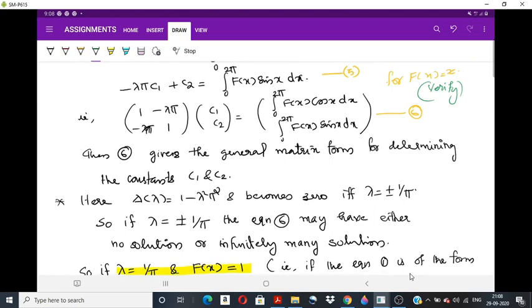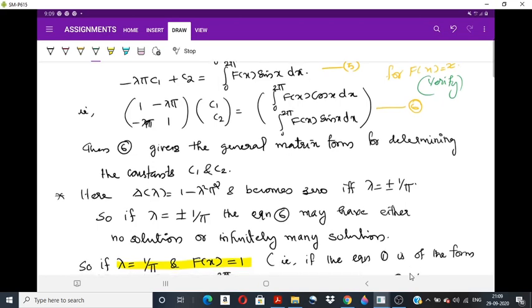Here delta of lambda is 1 minus lambda square pi square, and this becomes 0 if and only if lambda equal to plus or minus 1 by pi. If it is not equal to plus or minus 1 by pi, it must have a unique solution. And if lambda equals plus or minus 1 by pi, then there are two possibilities for the system, that is, either it has no solution or it may have infinitely many solutions.